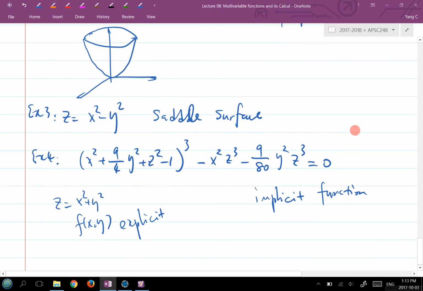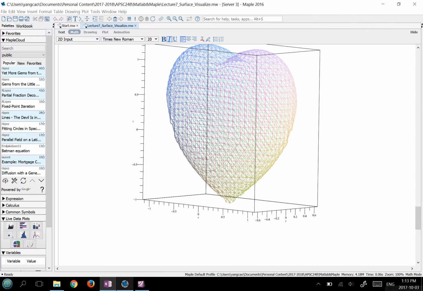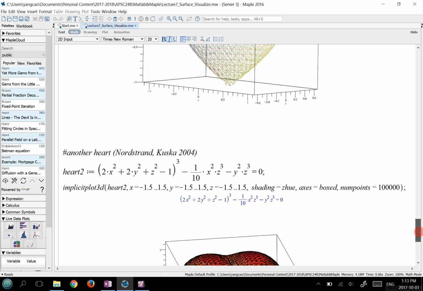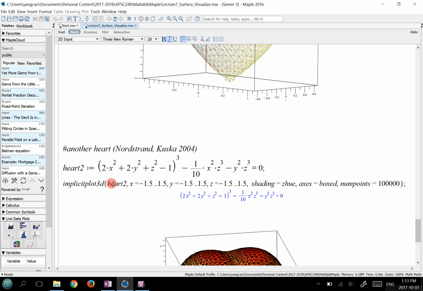And actually, I want you to try. I'm going to upload you some Maple files here. There is an alternative to this heart surface, which was constructed by another guy in 2004. It's a similar order, same order here, but a different expression.